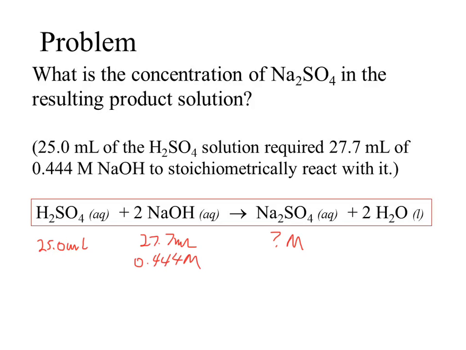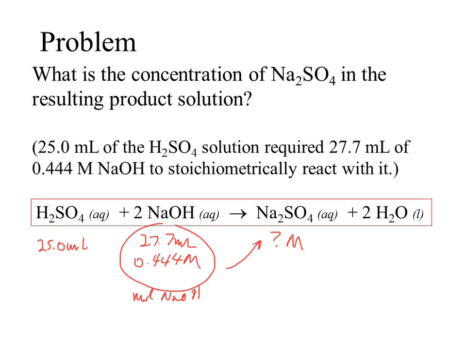Do you see where we can just piggyback, and I think that's the way the notes are set up? Do you see where in the first step we did, somebody used the volume and molarity to get to moles? So if we piggyback on that and now go to moles of Na2SO4 that must have been produced.